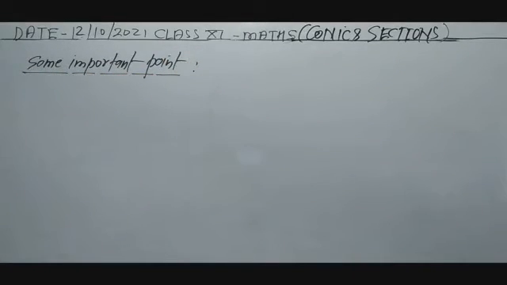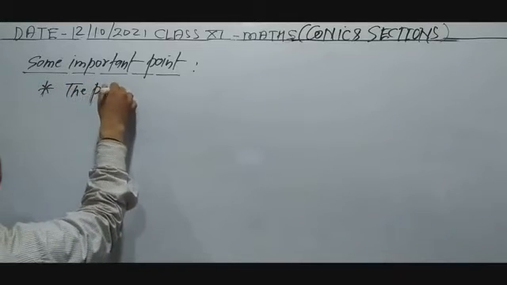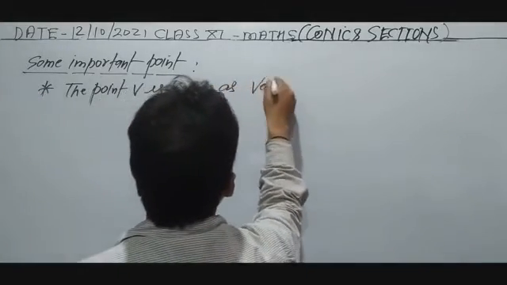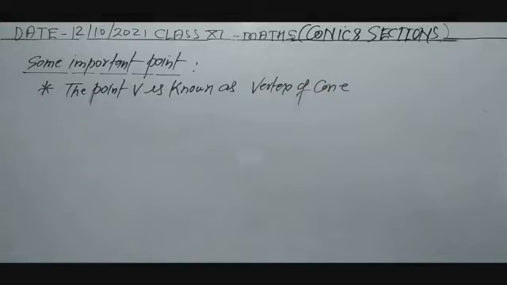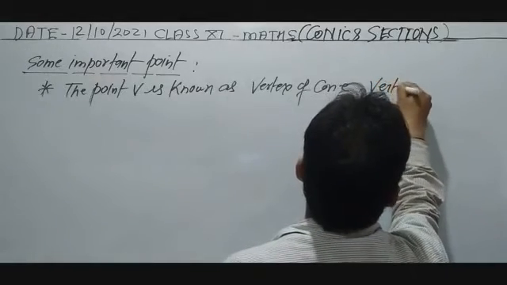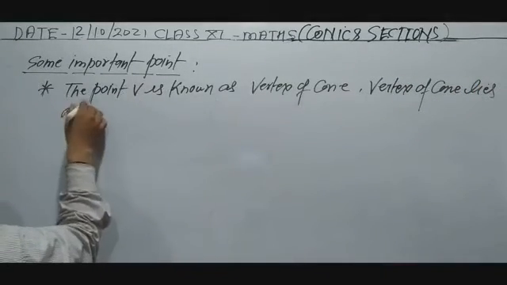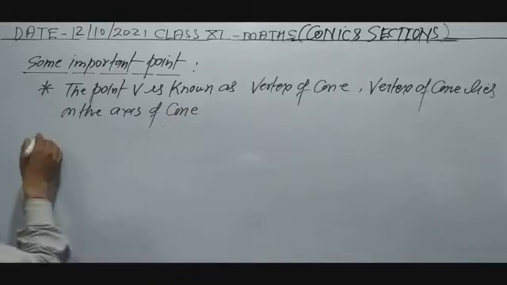In that figure you have seen V. The point V is known as the vertex of cone, and the vertex of cone lies on the axis of cone.